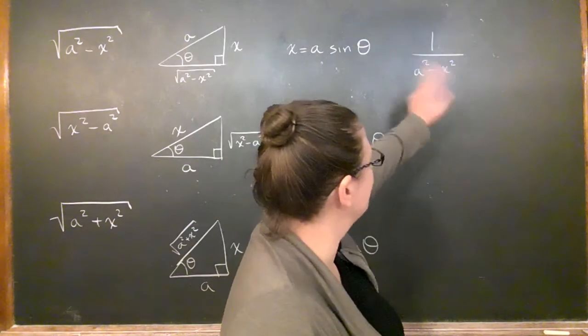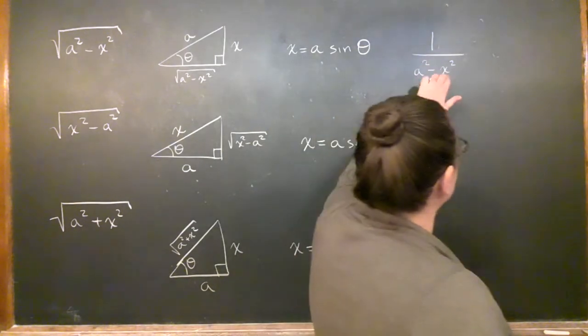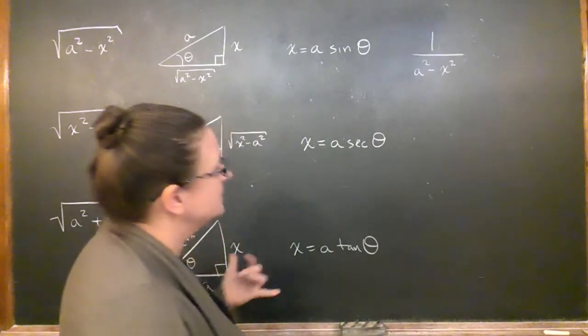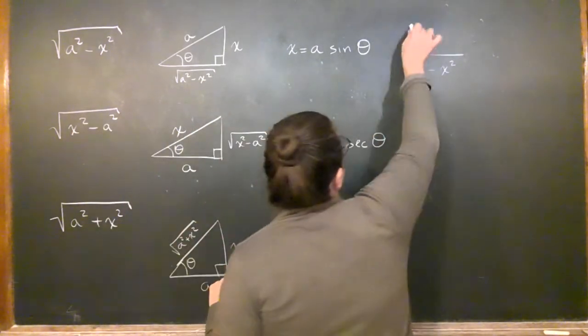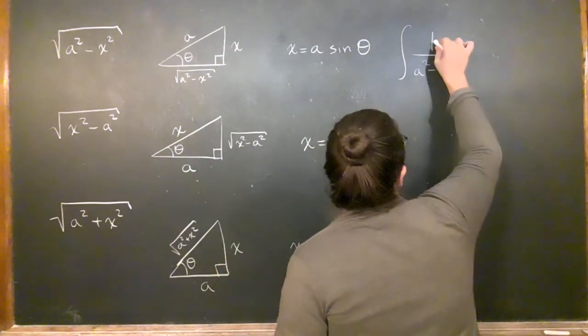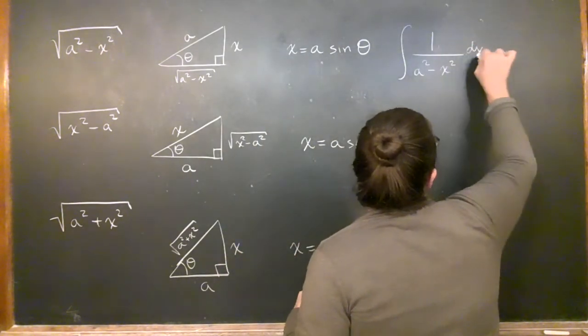We can't pull off the a squared, right? I don't have a du for natural log, so this would be one which would be good to do with this, or possible to do with this. So let me put in my dx so I know that it is dx.